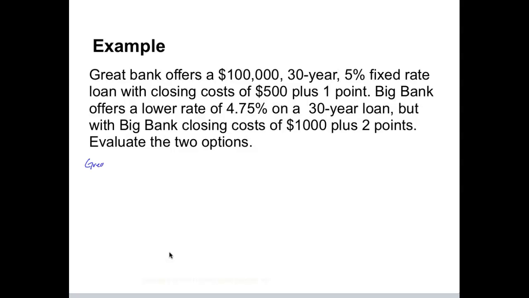Let's look at the Great Bank option first. So let's see what the house would cost if we used Great Bank. So we're making a 30-year loan. So N equals 30 times 12, since you have to pay every month.